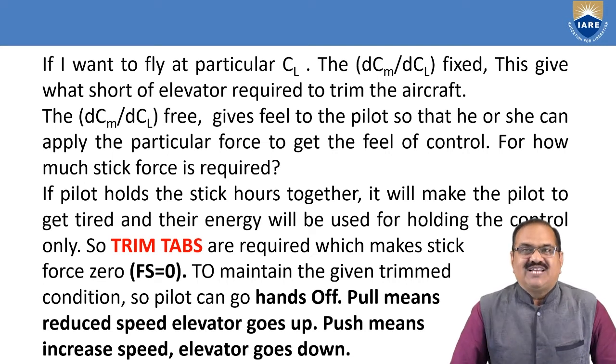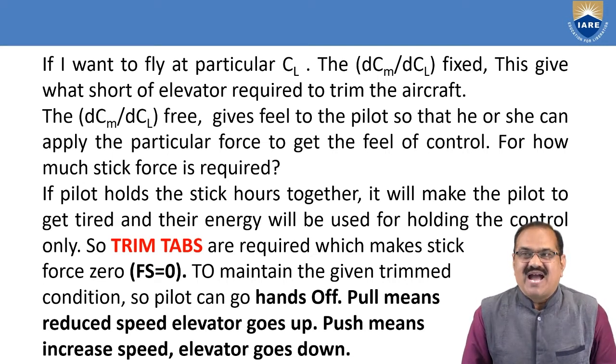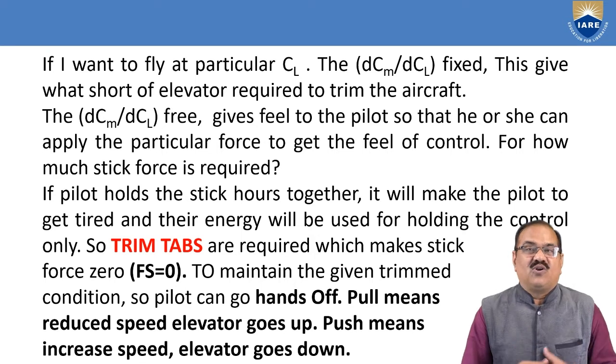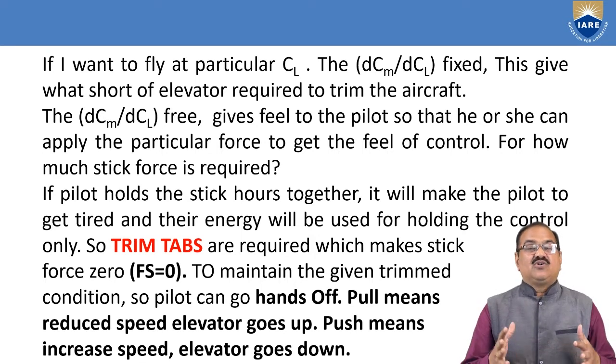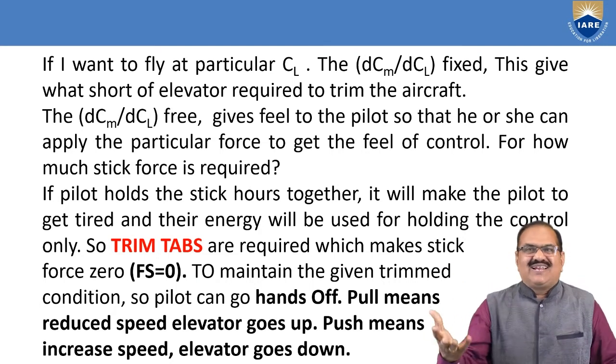If the pilot holds the stick for hours together, he will get tired, and his energy will be used only for holding the control. If he continues for 2 hours, 8 hours, he will get tired.